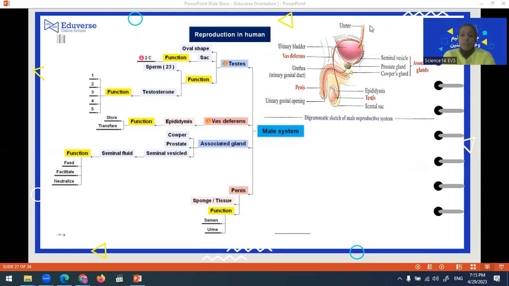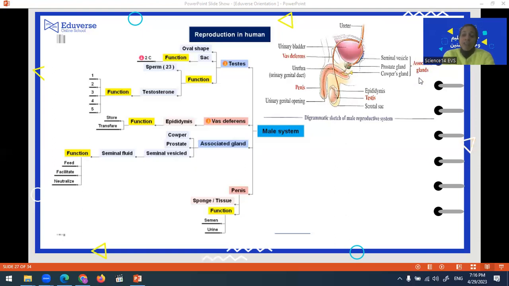I want you to understand something, guys. This part, the ureter, the bladder, and the urethra, is part of the urinary system. The urethra is a common duct between these two systems, the urinary system and the reproductive system. As you can see, the vas deferens is going to be inserted into a part of the urethra.